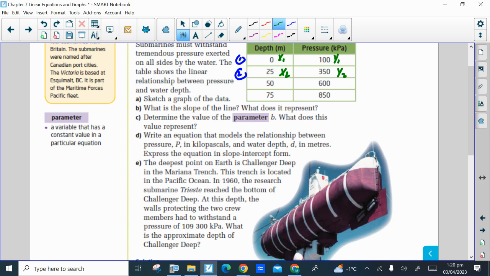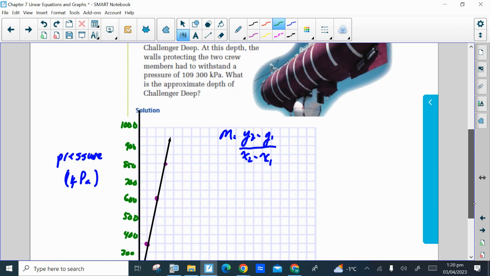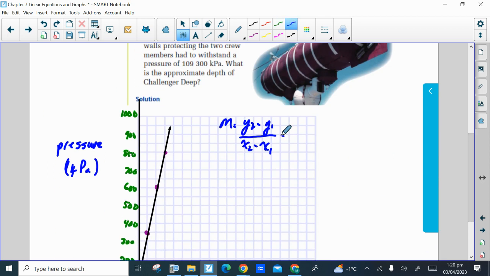So y2 minus y1 will be 350 take away 100. And that's divided by x2 minus x1, which will be 25 take away 0. So that's 250 over 25, or 10.